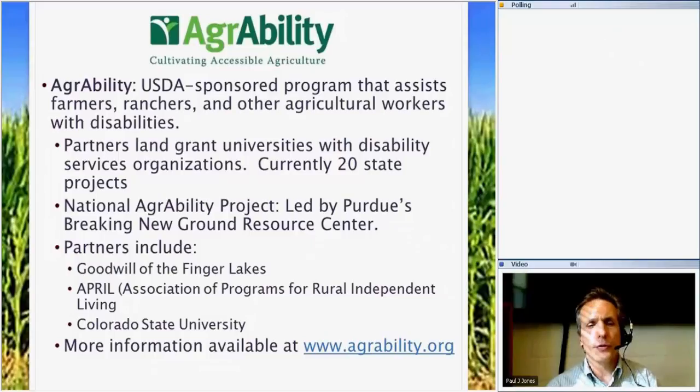There is one additional national AgrAbility project, and that's led by Purdue University's Breaking New Ground Resource Center. Our partners with the national project include Goodwill of the Finger Lakes, April, and Colorado State University. You can find out more about AgrAbility at agrability.org and view the many archived webinars we already have on that site.